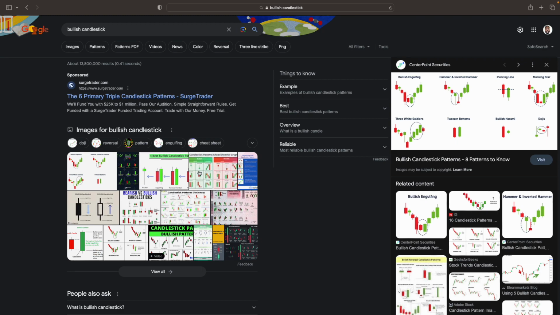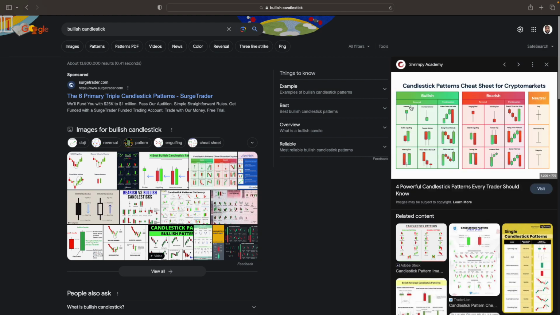Let's look over here. So these are bullish candle structures that you want to look for in demand zones in order to place trades off. You can place a trade off of this, put your stop loss down here. You can place a trade off of this morning star, put your stop loss below here. These are just different candle structures.